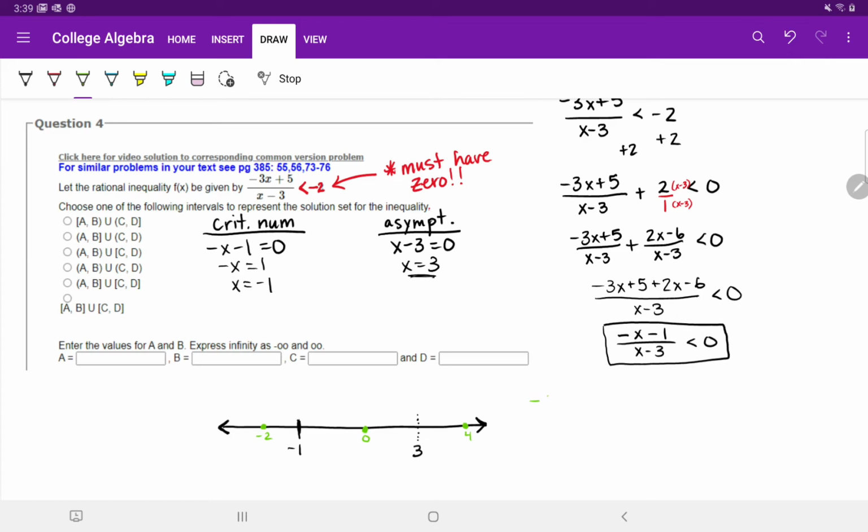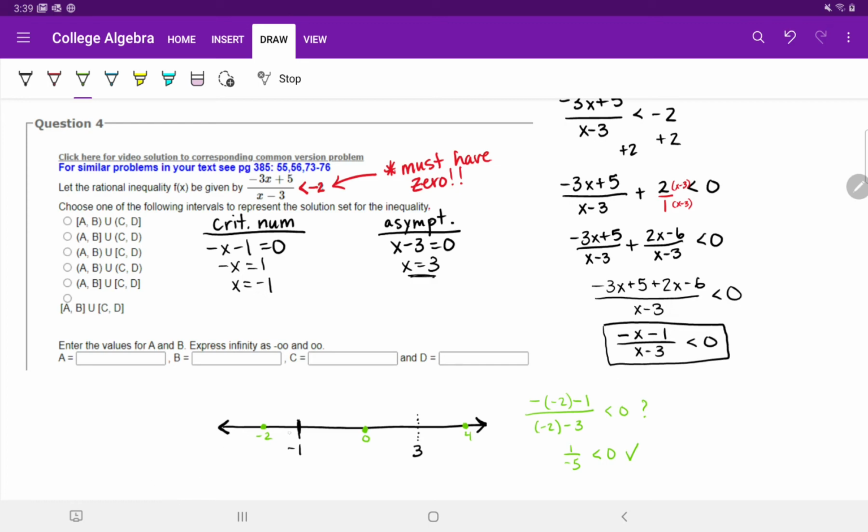So we're going to plug in -2: (-2 - 1)/(-2 - 3). Is that less than 0? That's going to give us -3 over -5... so, 2 minus 1, which is 1 over -5. We end up with -1/5. That is definitely less than 0. So yes, this interval is part of our solution.